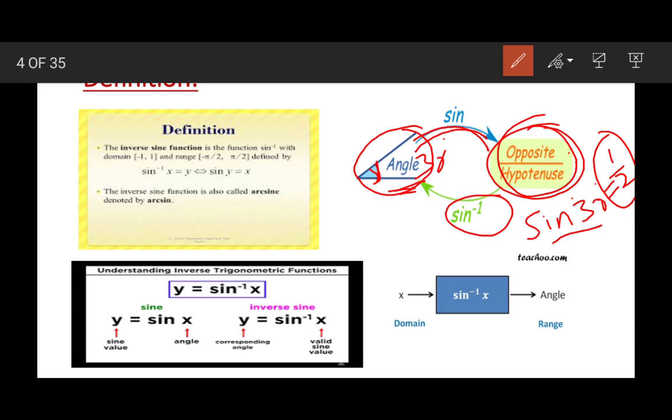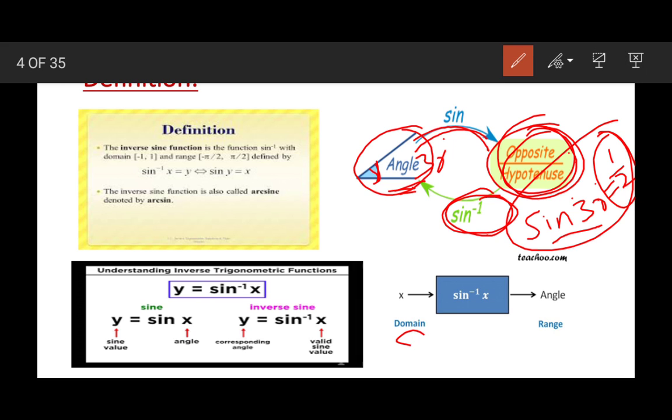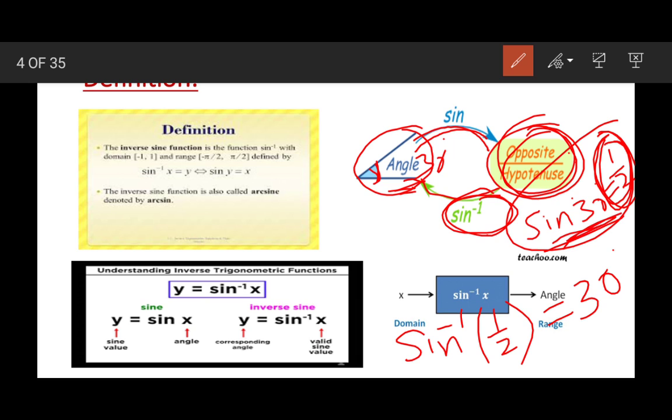Okay. Now inverse. In inverse, this value is given. So see what I am writing. I am writing sine inverse 1 upon 2. Sine inverse 1 upon 2, this value, will be equal to this angle. So that is equal to 30 degree. Just the opposite of this.